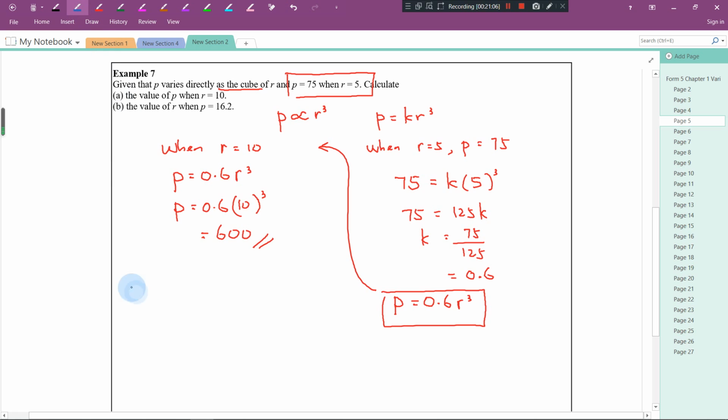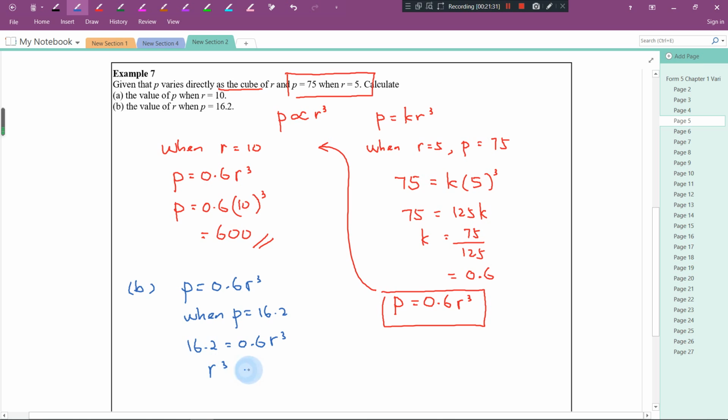Okay, now let's go to B. This is the equation that I got just now, so I can also use this equation for part B. p is equal to 0.6 times r cubed. When p is equal to 16.2, I need to find r. 16.2 is equal to 0.6 r cubed.